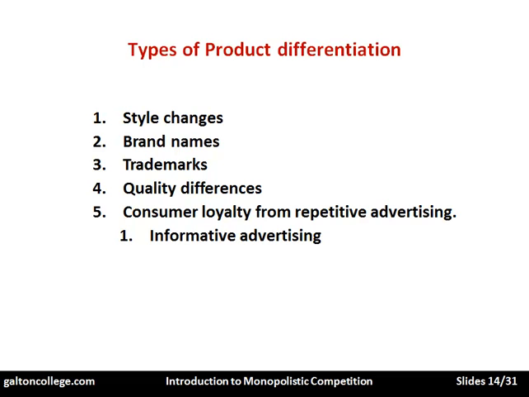Oddly enough, it tends to be important in the secondary sector, the manufacturing sector of the economy, where people are buying machines. They're not too worried about the aesthetics of the machine, they're more worried about its technicalities, what it can do and what it can't do, and its dimensions and so on. So that type of informative advertising is important in that area.